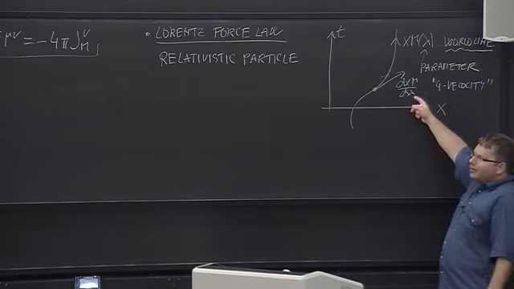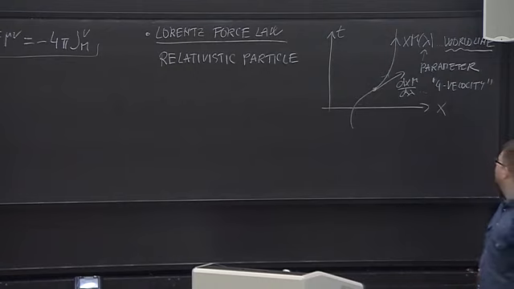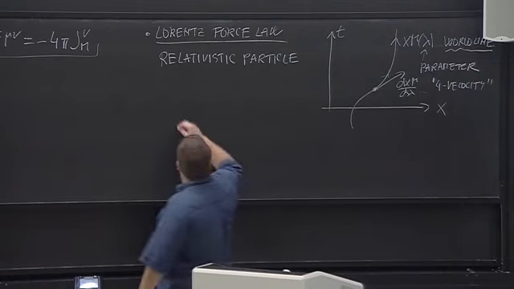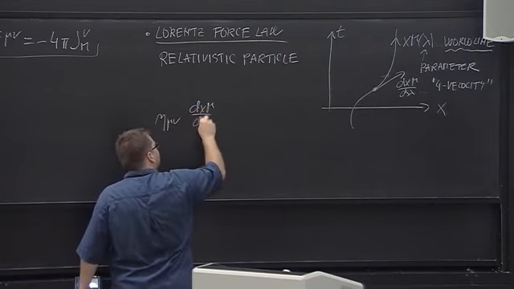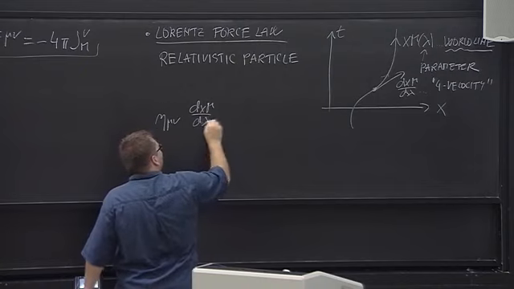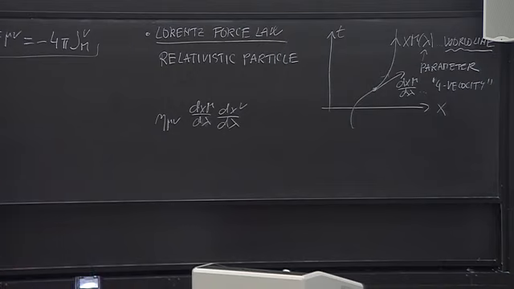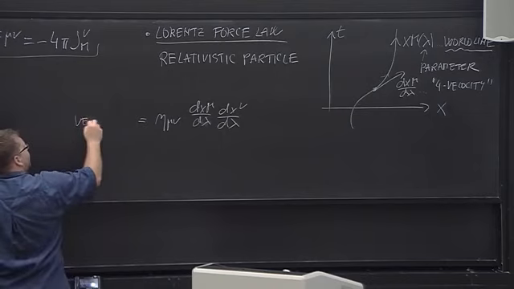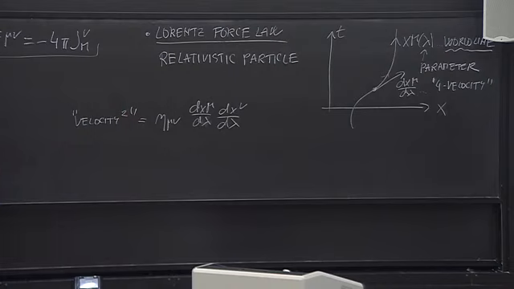Now this is my tangent vector, and I can calculate the magnitude of this velocity. The magnitude will be simply η_μν dx^μ/dλ dx^ν/dλ, the velocity squared. So now you get a number at each point of your trajectory.